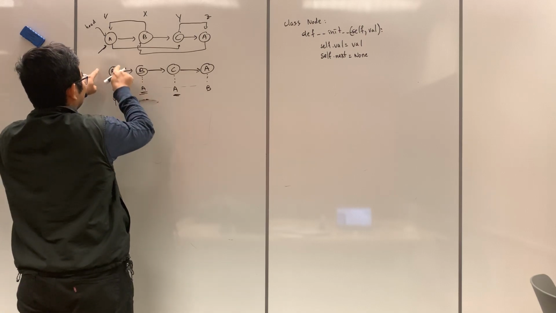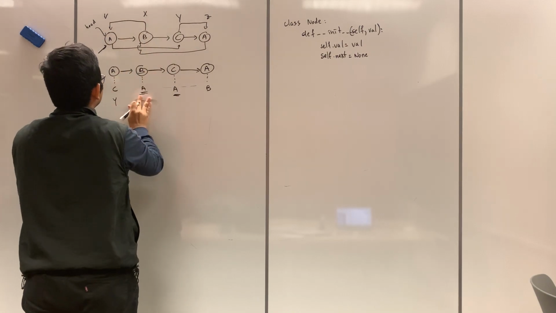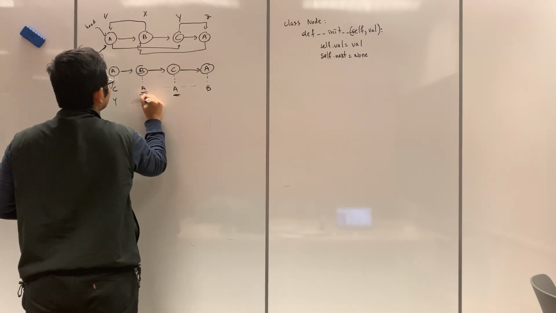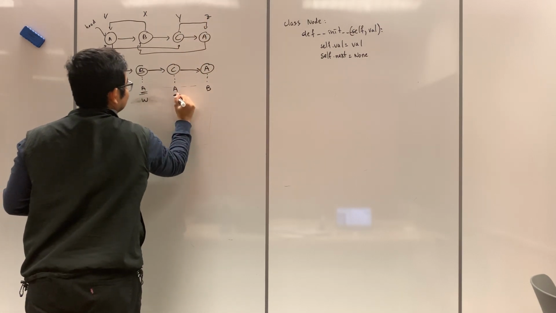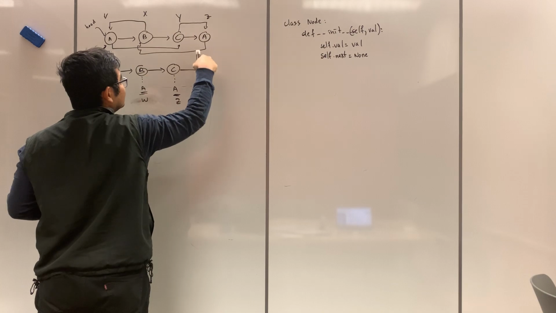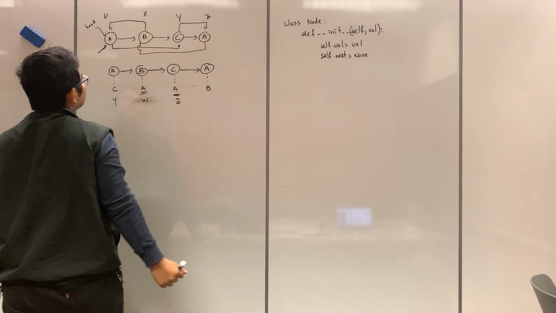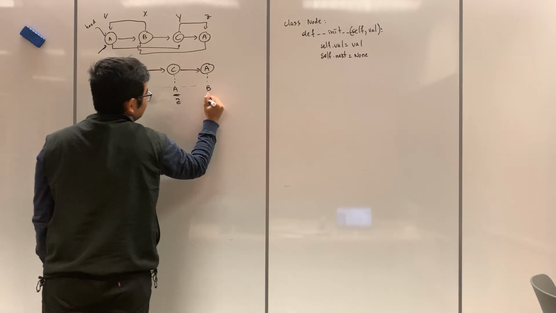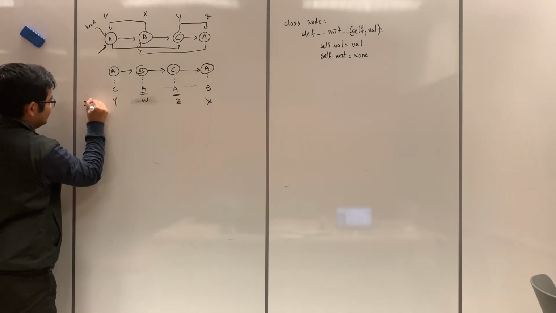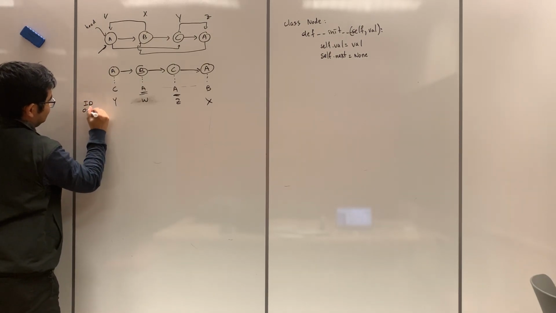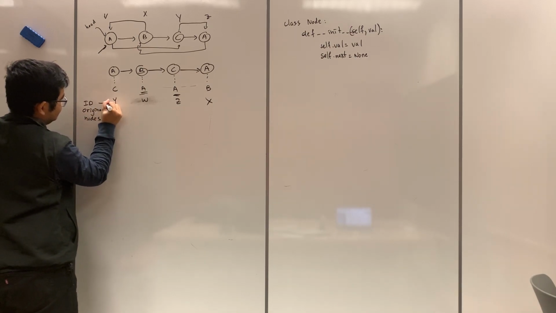So this A is Y and B is W, and C is Z, and A is X. So this would be the ID of the original node.